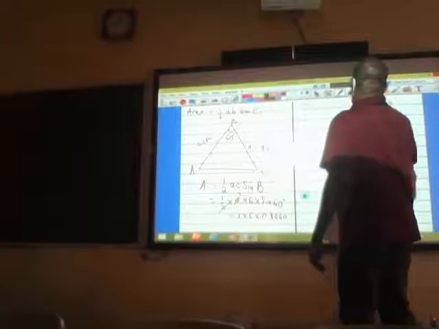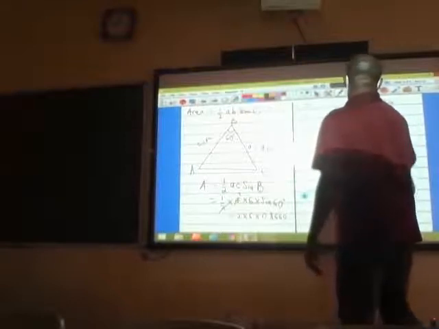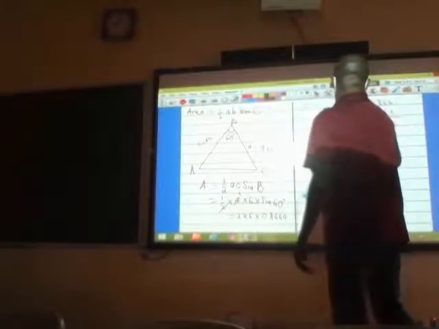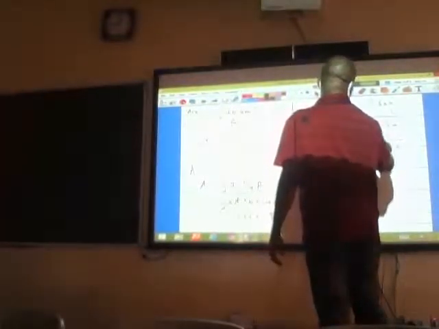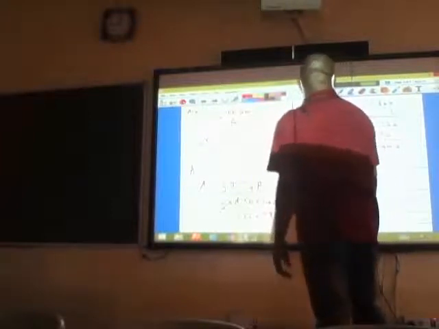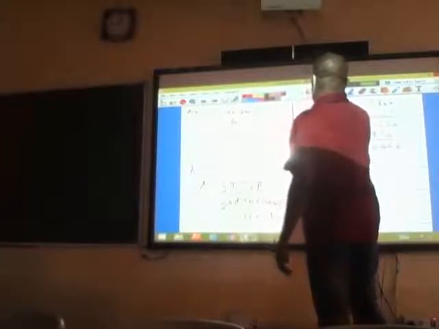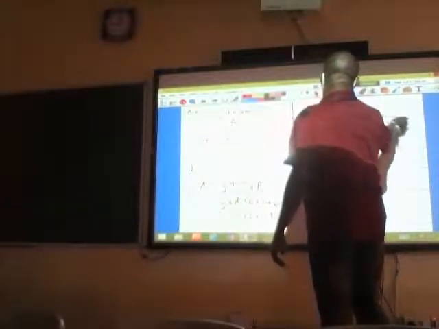Multiplying 0.866 by 12 gives 10.392 centimeters square. And that is the area.